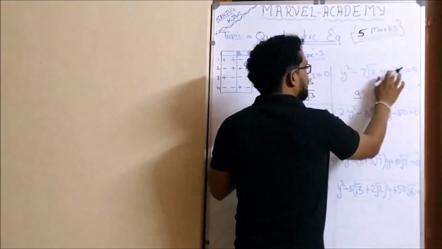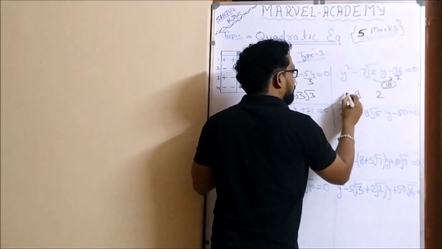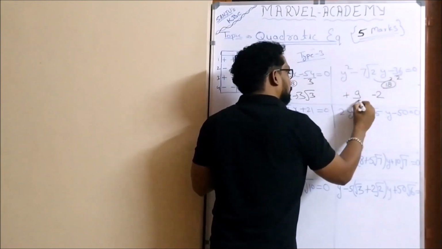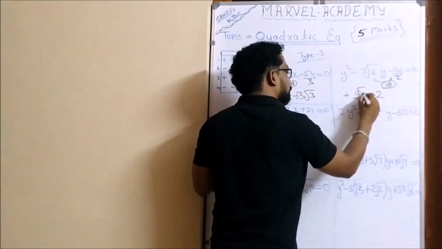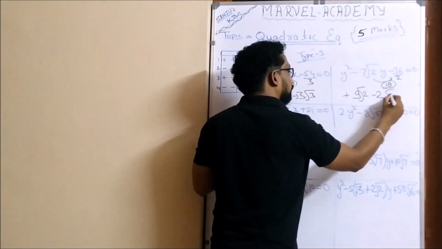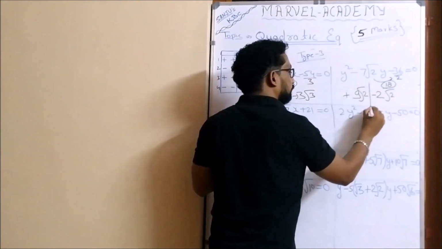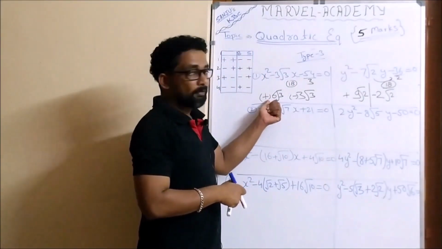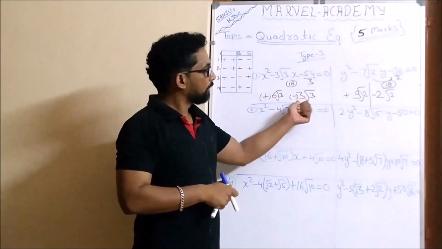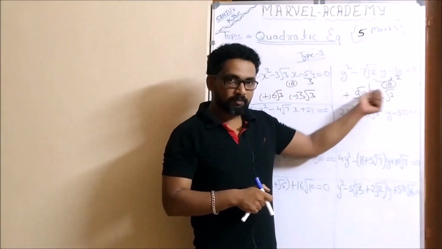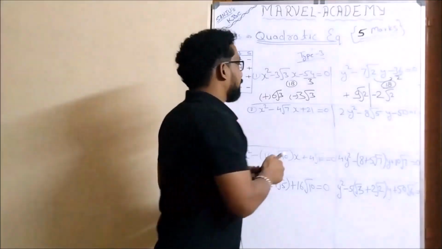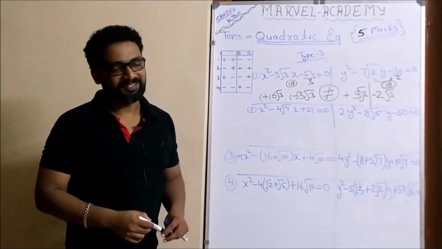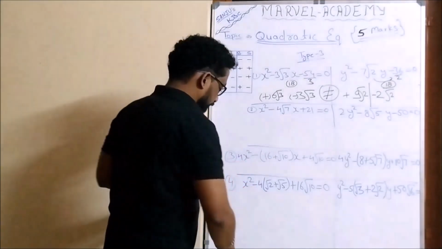Okay, so minus and minus will be plus and minus, and then we have to put the root values. Here one factor is positive, one is negative, and as well as one is positive and one is negative. So definitely we cannot establish any relationship between x and y.